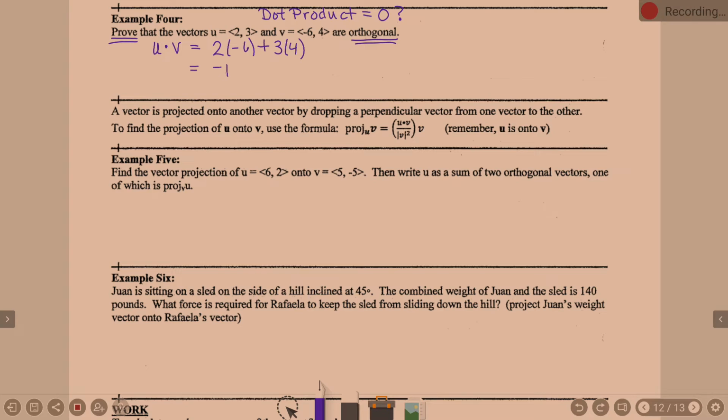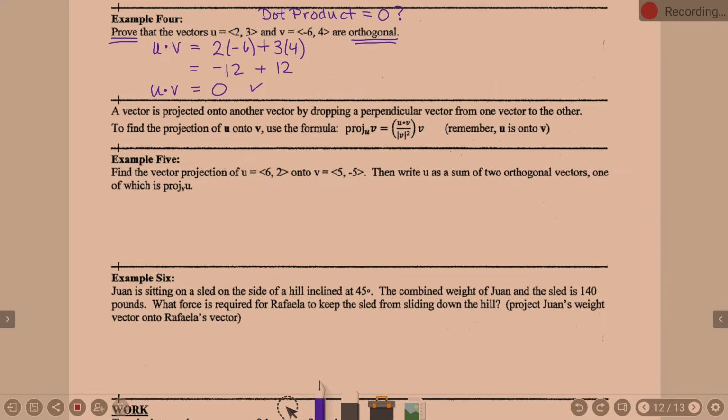Do the math. And what do we get? We got 0. So what does that tell us? Orthogonal. So they are orthogonal. That is the proof. It asks you to prove something, and there's your proof. We just showed that the dot product equals 0.